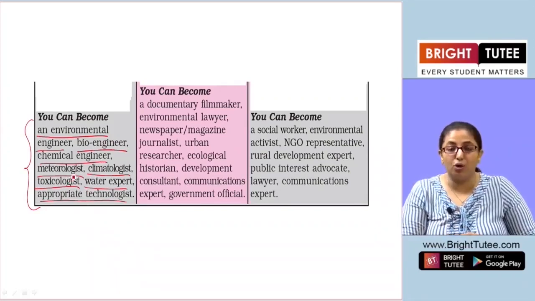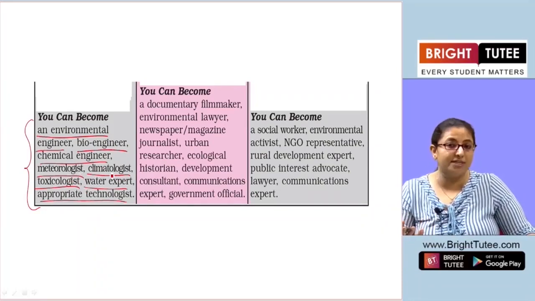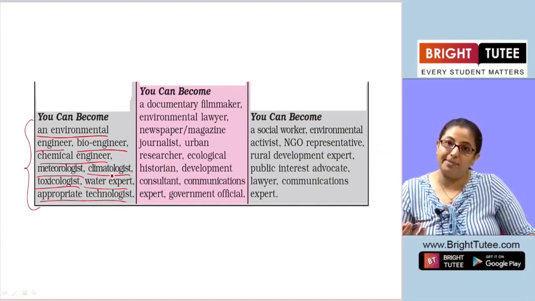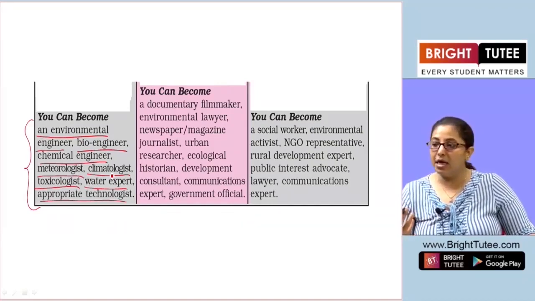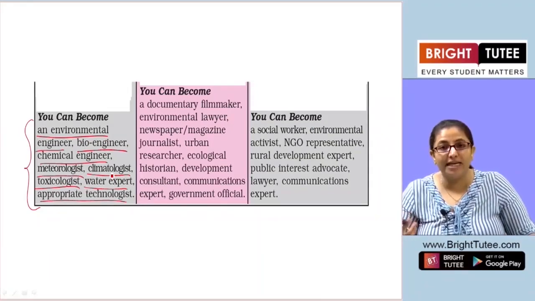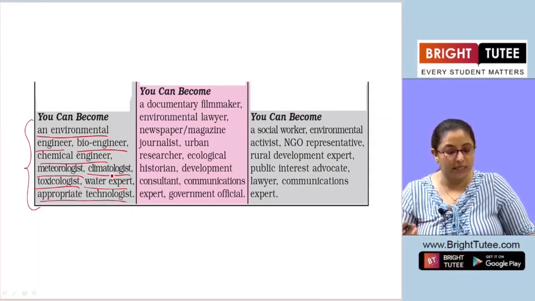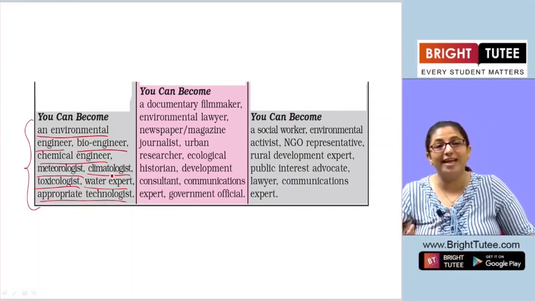They can become meteorologists or climatologists. They can study nature because they're so inquisitive. They can study the environment, climate, the kind of changes in the climate which are happening. They can study space, the activities which are happening in space. They can become water experts. They can become any kind of technologist.